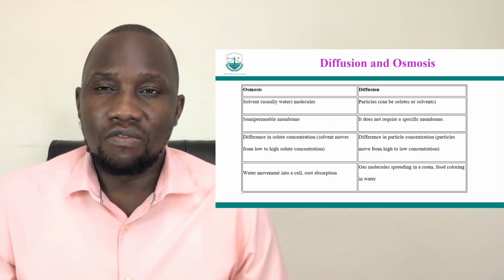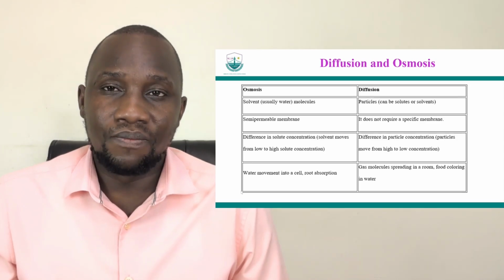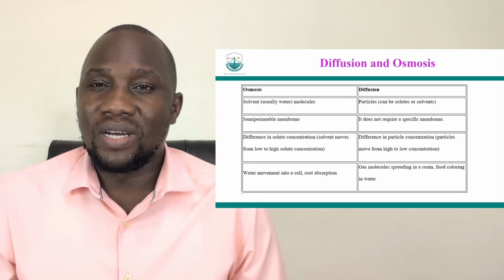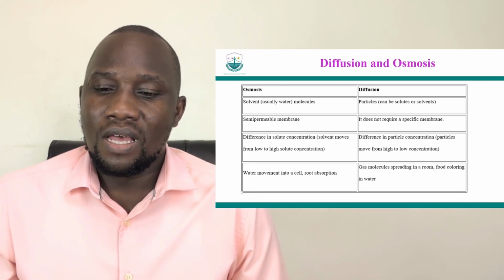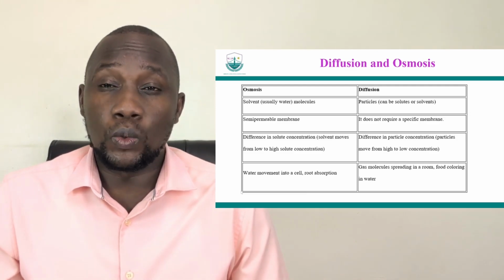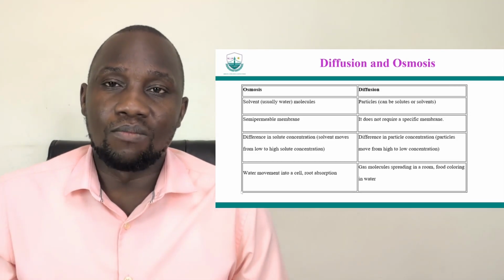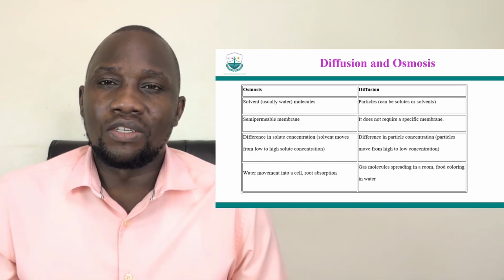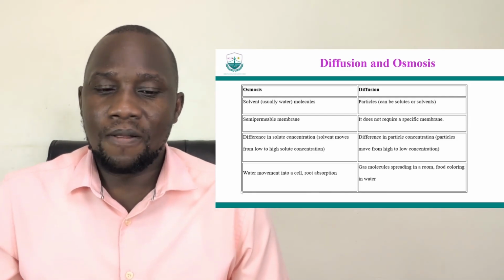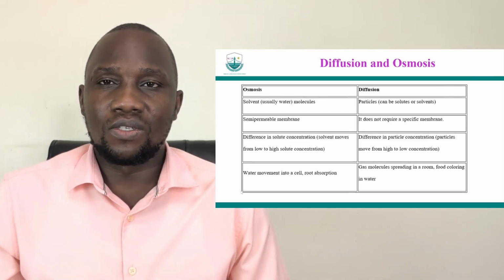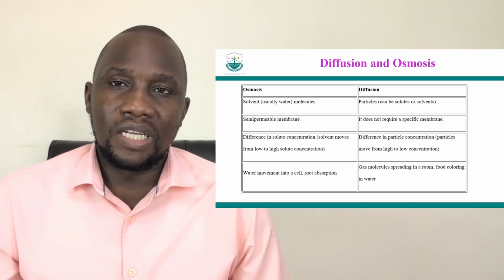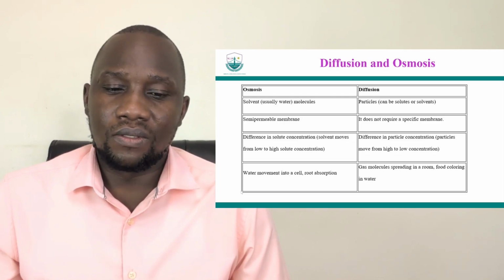The difference between diffusion and osmosis is that when we talk about diffusion, we're talking about particles or molecules, but when you talk about osmosis, you're referring to water molecules or solvent molecules. So if you're defining the two, please take note of what is moving. For osmosis, it is solvent molecules. For diffusion, it is particles or molecules.